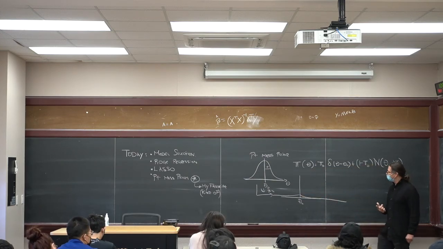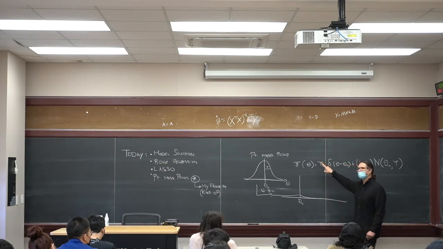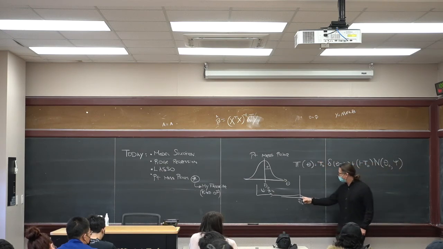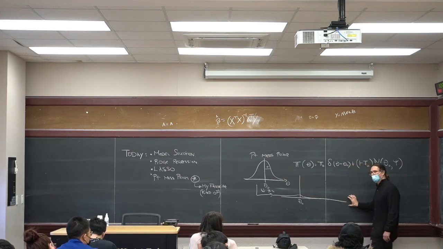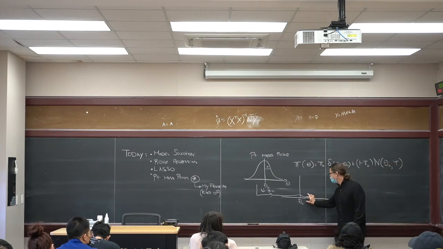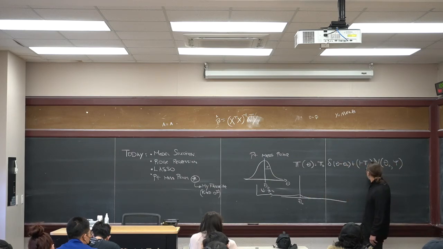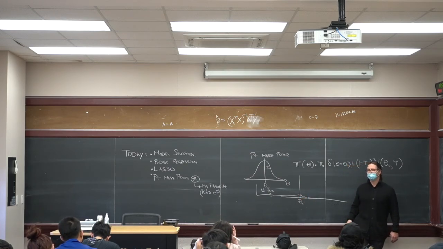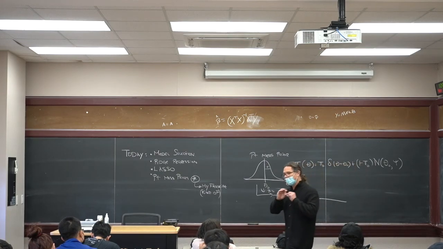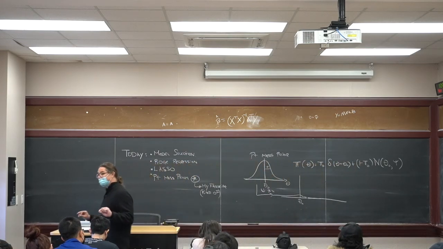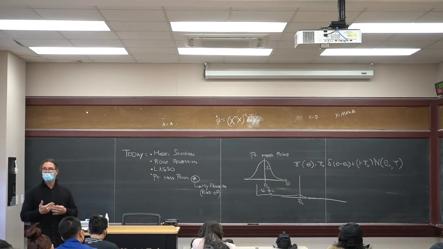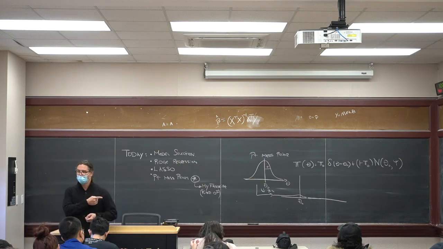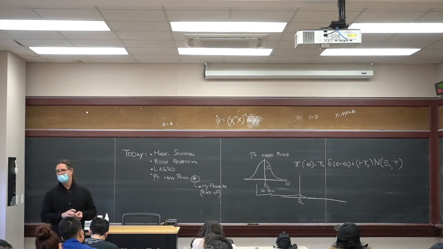So think about what I just did: if I kept this pi naught the same right here, now I have a lot of mass on theta naught compared to this little thin region where I'm blowing out this mass that integrates to 1 over the whole range. If I take this out to infinity, I'm really squashing that really far down, so I'm placing very little mass on every other point in the alternative space. So in the comparative sense, theta naught is getting a lot more mass, and when you take psi out to infinity, you place infinite mass on pi naught.